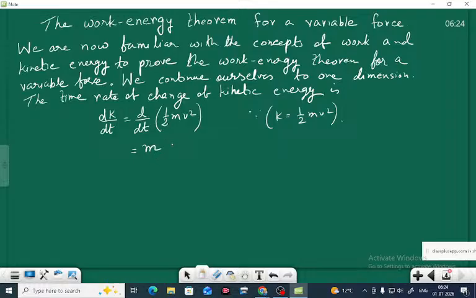And d by dt of v square gives 2 v dv by dt.